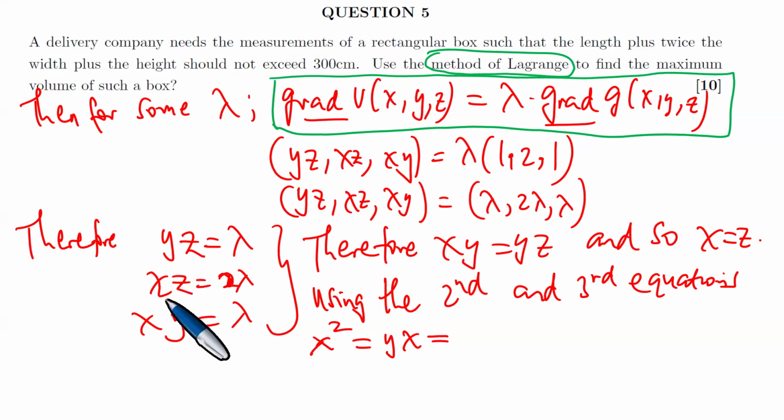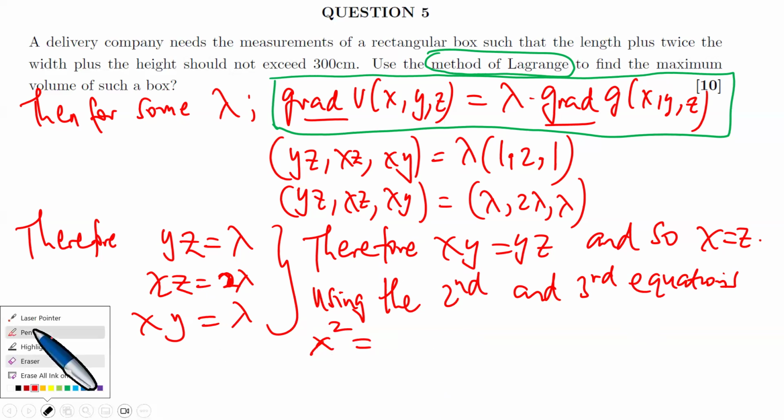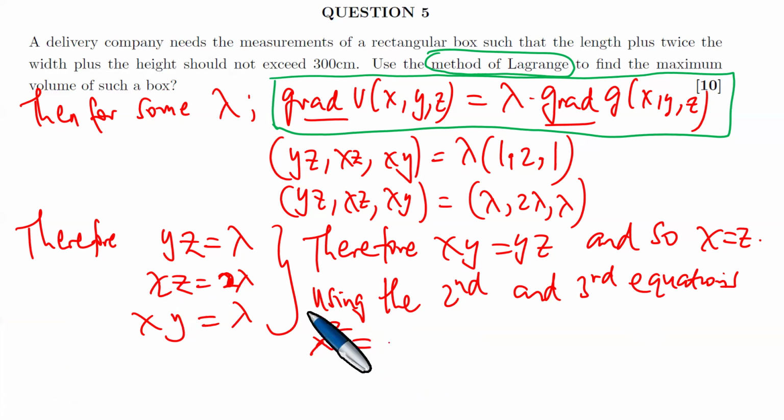So obviously, if x equals z here, in the place of z you put x, so it's going to be x squared equals 2 lambda. Let's just write that one, to avoid mix up. So you have x squared equals 2 lambda.